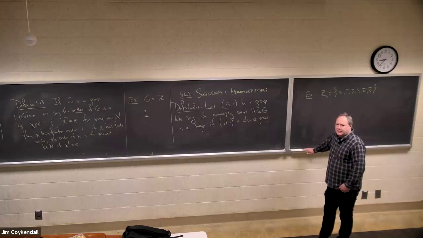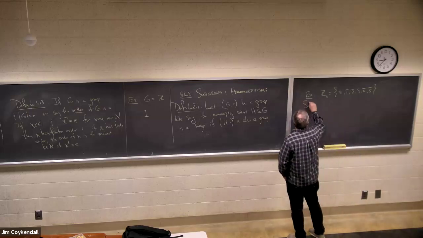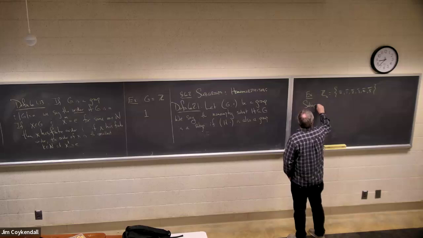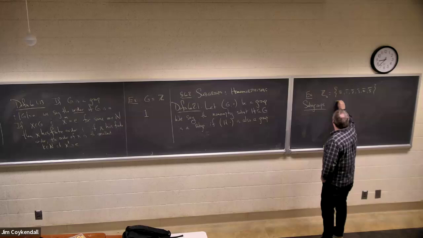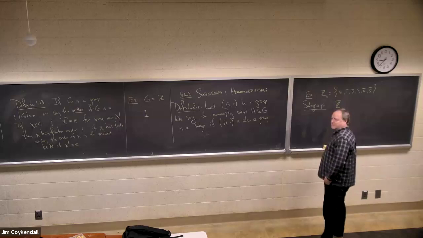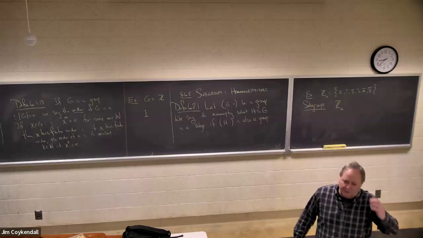Any ideas? There's two cheap ones you can always rip off. Here are the smart aleck subgroups. Right? I mean, that's kind of stupid, but it is technically a subgroup.